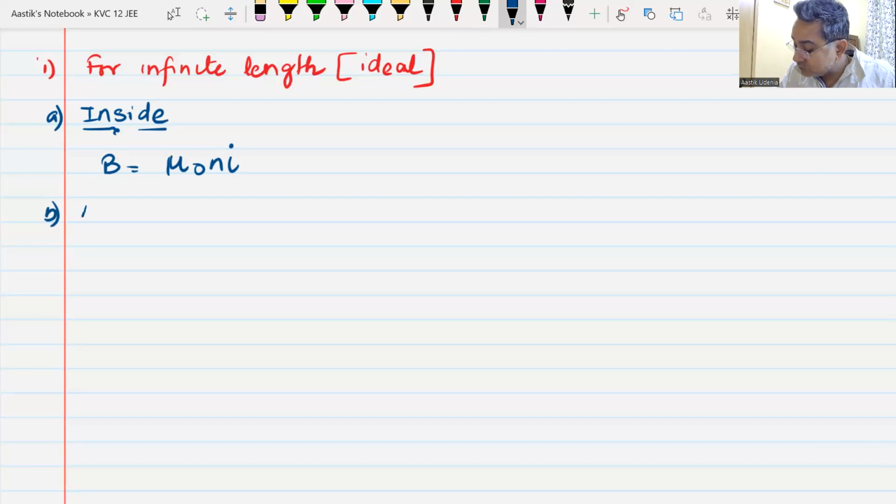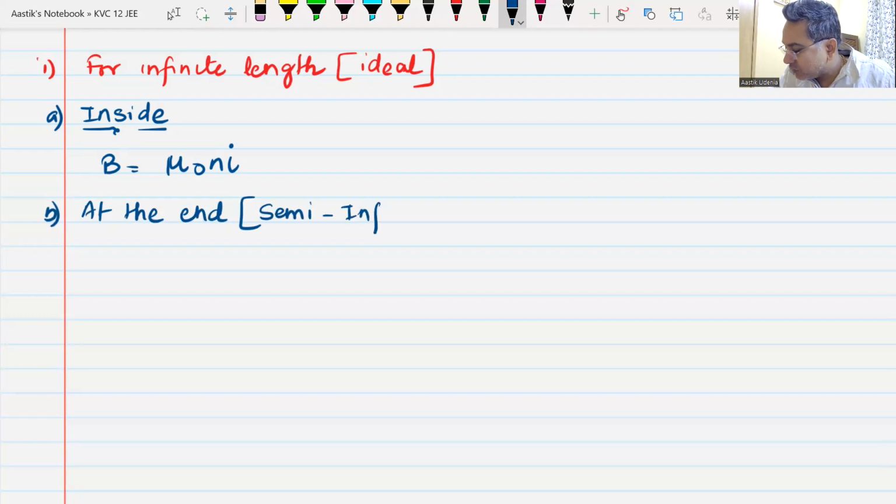Point B, at the end of the solenoid, or you can call it a semi-infinite solenoid. Semi-infinite. So the solenoid is infinite in one direction, and it is finite in the other direction.